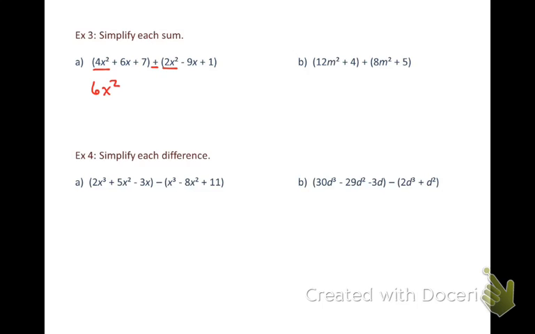And remember, we would like them in order from greatest to least, so we want them in standard form. And then the next one would be positive 6x plus negative 9. So we go 6 plus negative 9, which would be negative 3x. And then last is 7 plus 1, so it's 8.